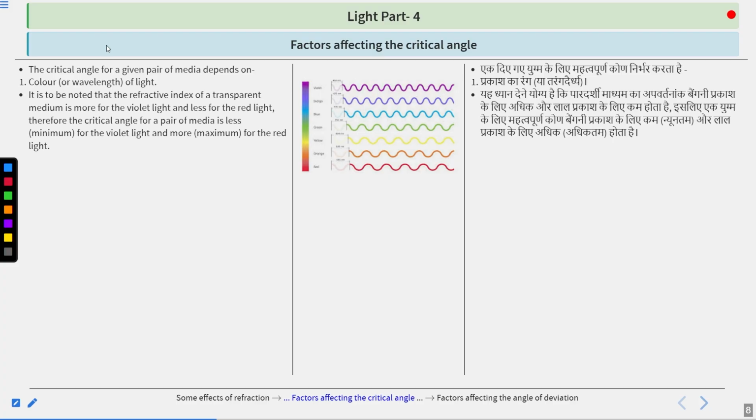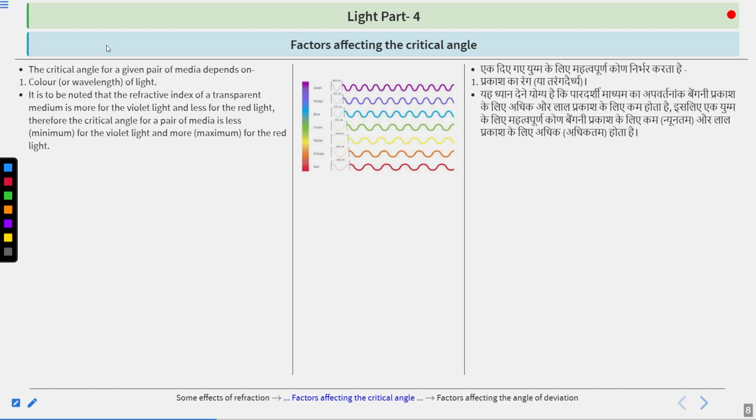It is to be noted that the refractive index of a transparent medium is more for violet light and less for red light. Therefore, the critical angle for a pair of media is minimum for violet light and maximum for red light. So the first factor affecting the critical angle is the color or wavelength of light.